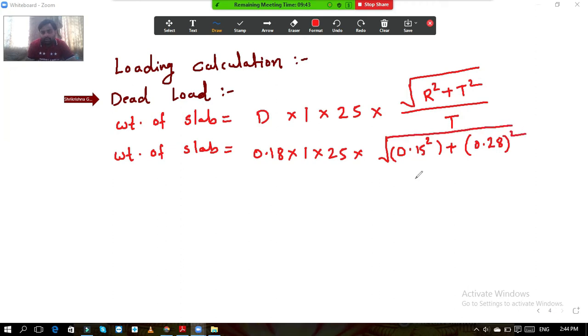Okay. And it is divided by T 0.28. So let me know the answer. Weight of slab. What is the answer now for weight of the slab?